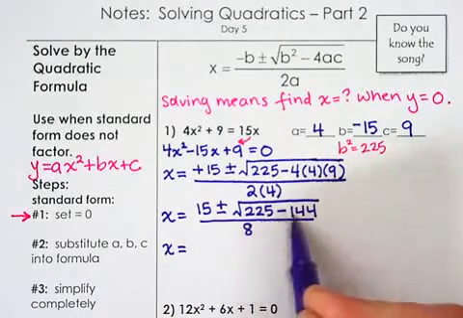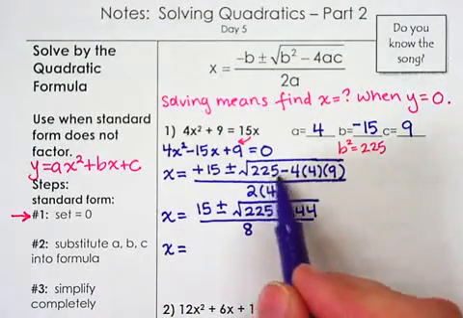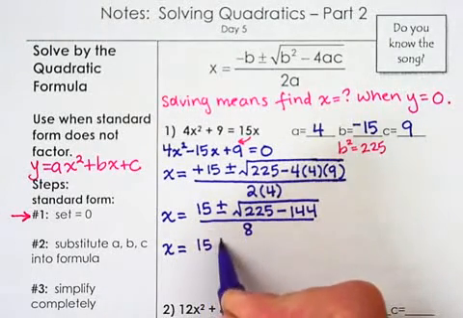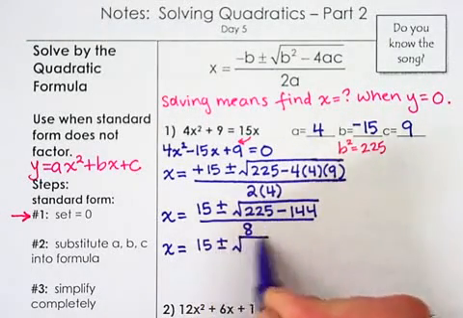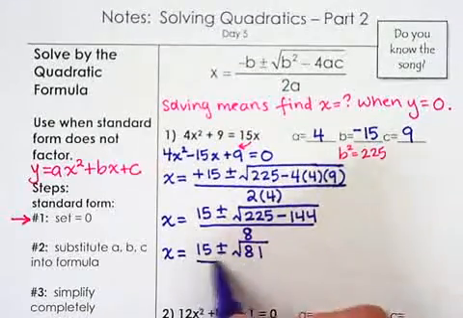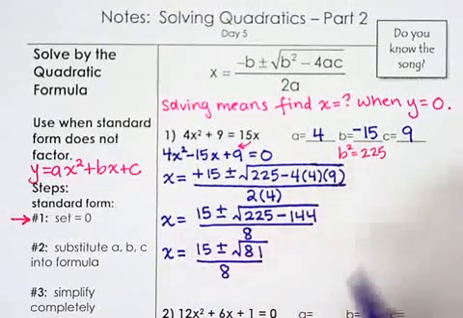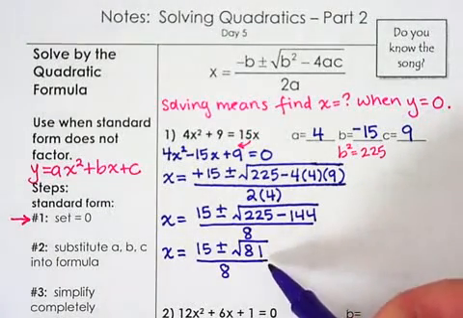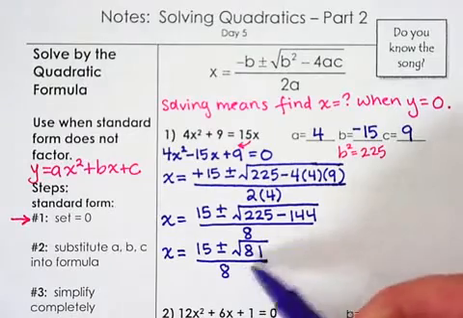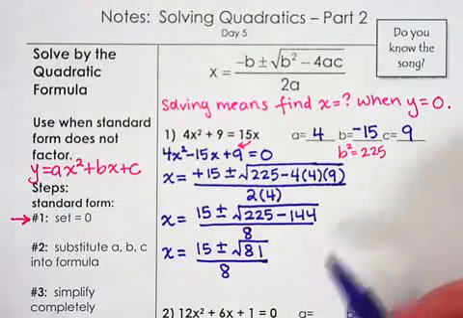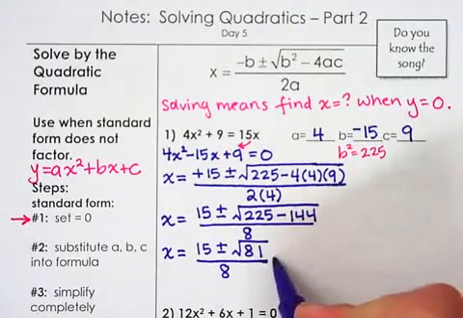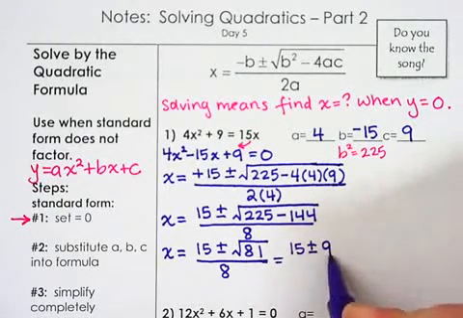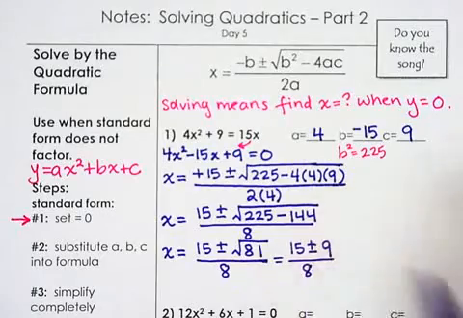And now at this point, and back here if you wanted to, you could actually type that entire thing into your calculator. And what you're going to find that you get is 15 plus or minus the square root of 81 all over 8. Now what you have to remember is that 81 is a perfect square, so the square root breaks down into 9. So this equals 15 plus or minus 9 all over 8.